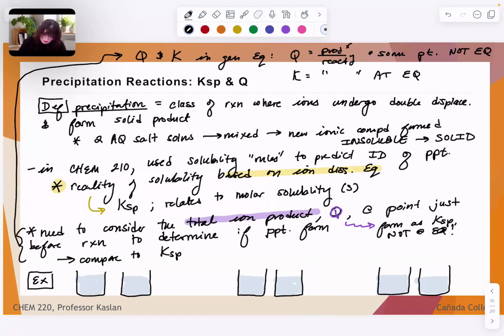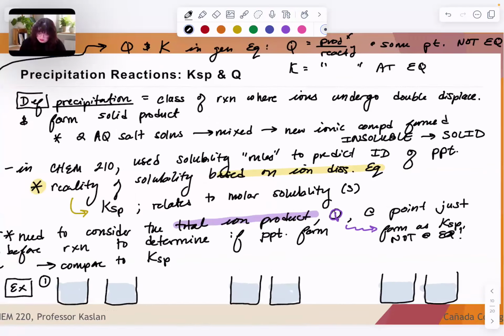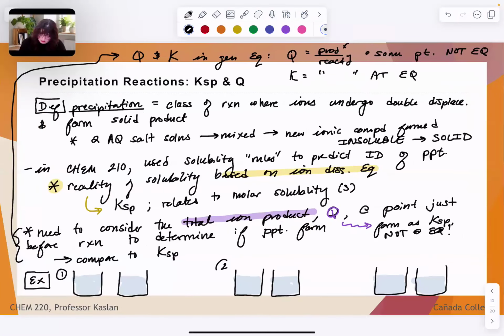In each of these, let's call the beaker I've drawn on the left the one where we're looking at Q, and the beaker on the right the one where we've reached our saturation equilibrium. So Q and KSP.